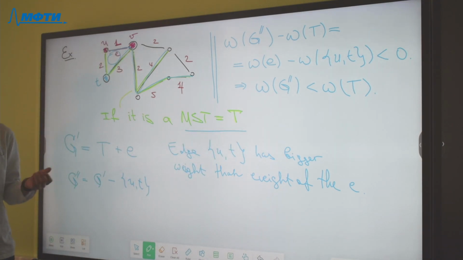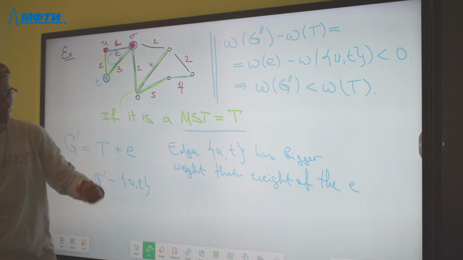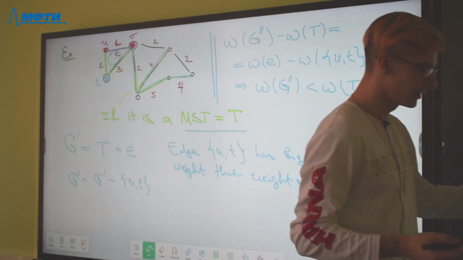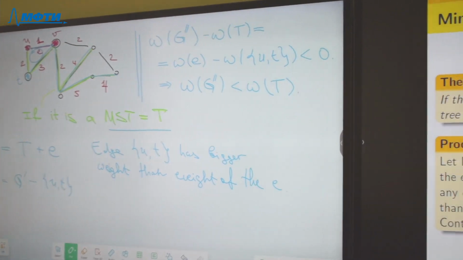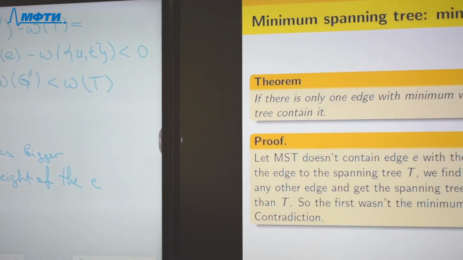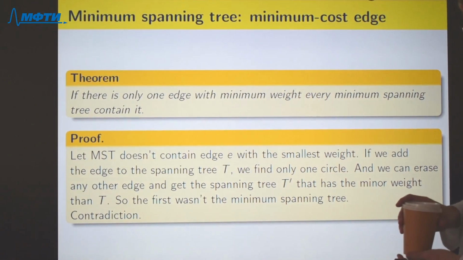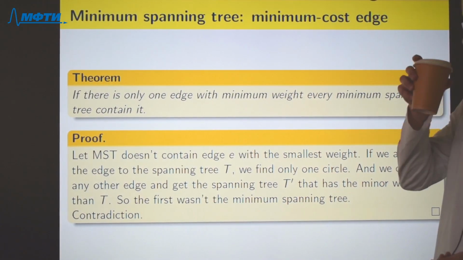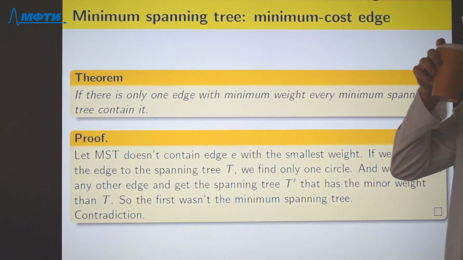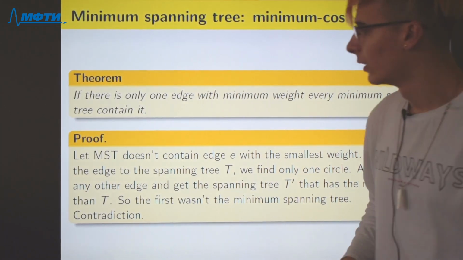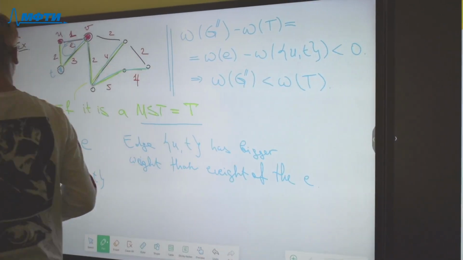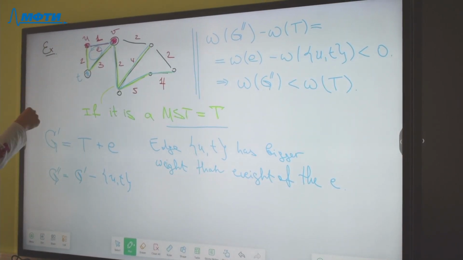Yeah, understandable? And in this proof, I shortly wrote this explanation. But what is the minimum spanning tree in this graph? In this graph, I think not T or G with 2 primes.